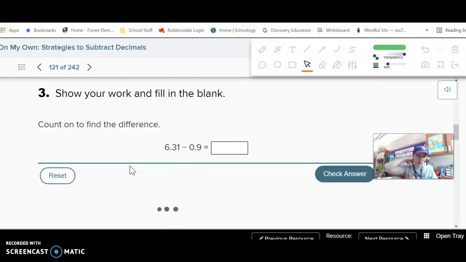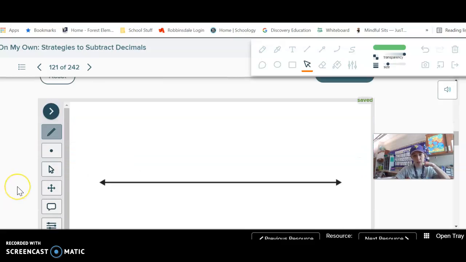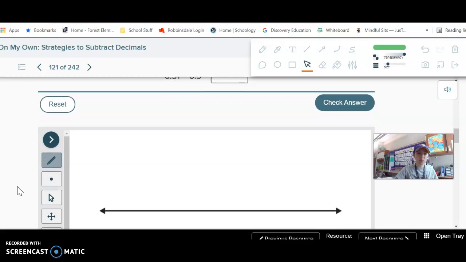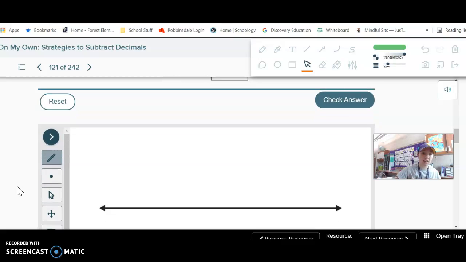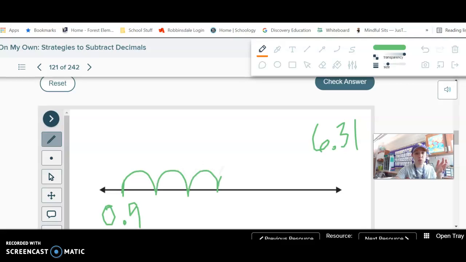So I'll try and show you how we can count on. Again, it's a little tricky on here. Oh, they gave me a blank space this time. Great. So I'm starting at 9 tenths. And then I could think, I need to get up to 6 and 31 hundredths. So I know if I add on 5 wholes, I'd have 1.9, 2.9, 3.9, 4.9, 5.9.